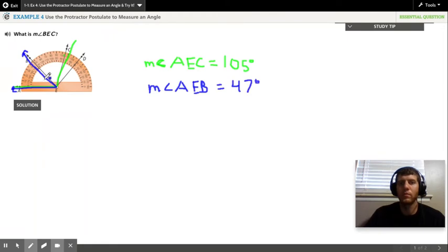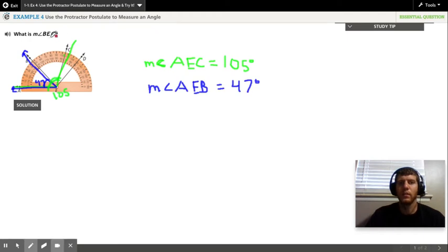So the measure of this angle, AEB, is going to be 47. And the measure of the big one, this whole angle here, is going to be 105.